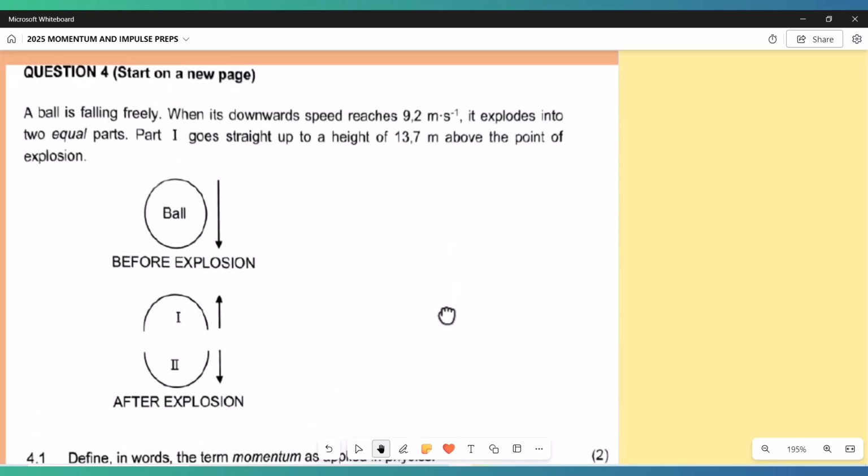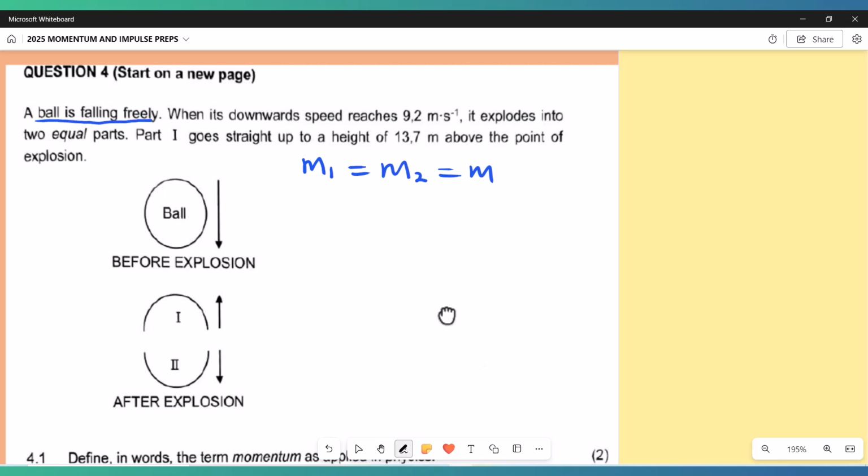Okay, so let's see what we have here. First of all, the parts are equal, meaning that the two masses, M1 is equal to M2, which I'm going to call m. Now, because it was falling freely, it must be a projectile.